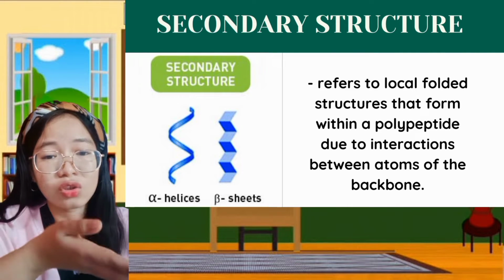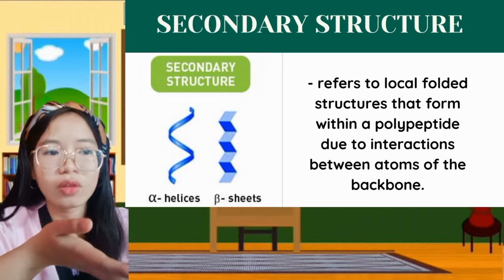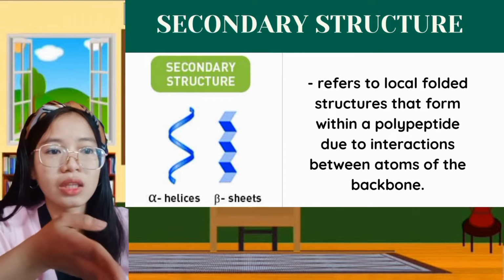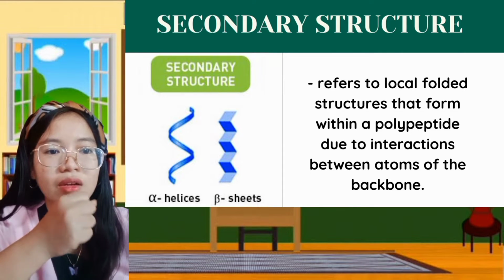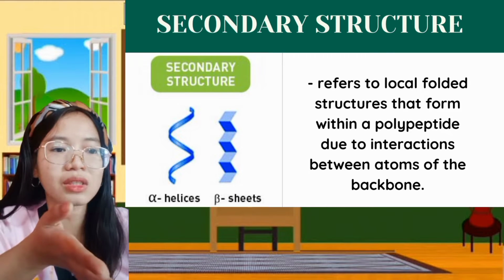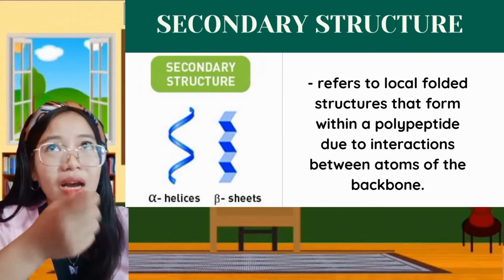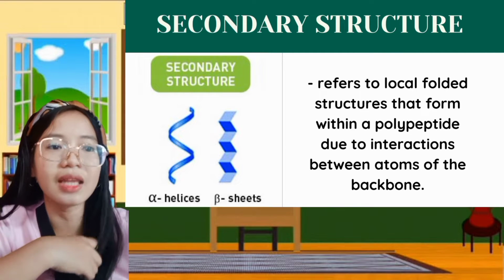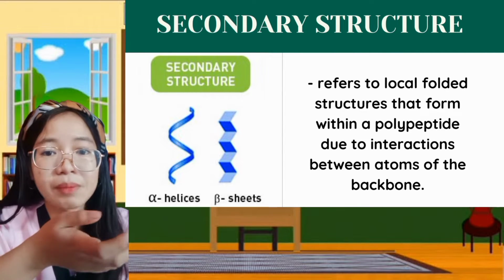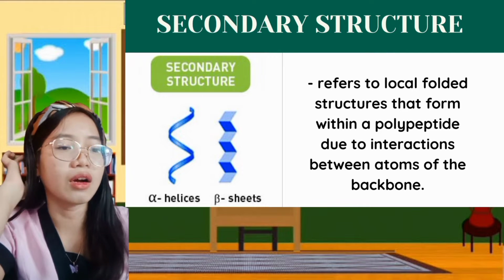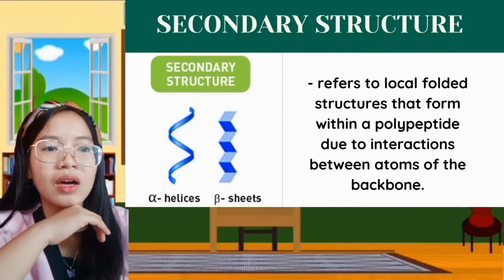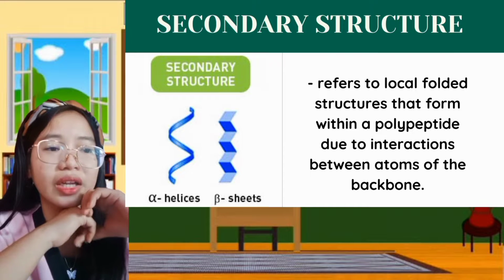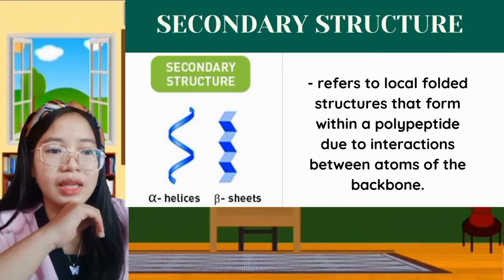So, this structure arises dahil sa regular folding ng backbones ng polypeptide chain dahil sa hydrogen bonding. Okay, however, these segments of the protein chain may acquire their own local fold, which is much simpler and usually takes the shape of a spiral. Ganyan, pa ganyan. And these local folds are termed secondary elements and form the protein secondary structure.